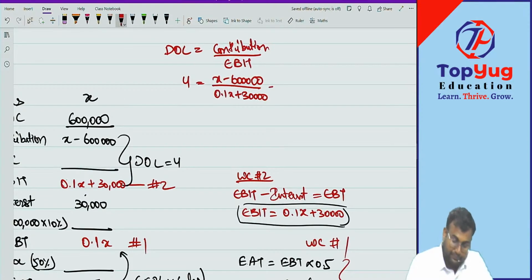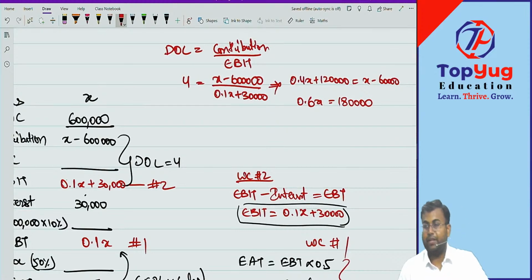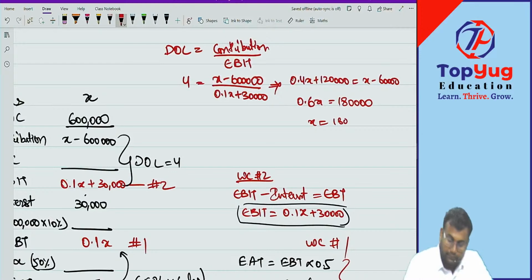Solve this equation. 0.4x plus 20,000 is equal to x minus 6 lakhs. So it would be 7 lakh 20,000.